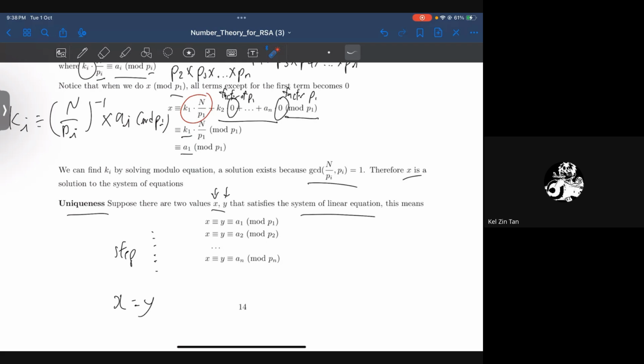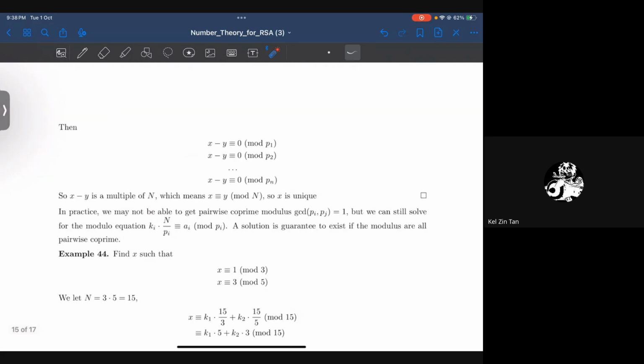Then next, we only look at this part. We can move y to the other side. Then we get that x minus y is congruent to 0 mod each of P1 to Pn. This basically says that x minus y is a multiple of n, because recall that n is just P1 multiplied through to Pn.